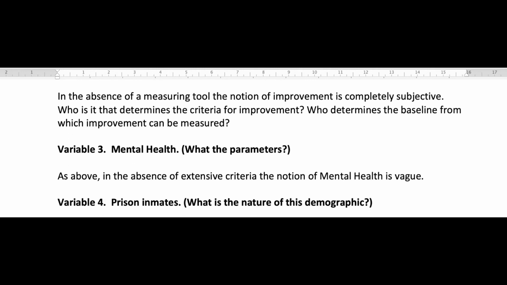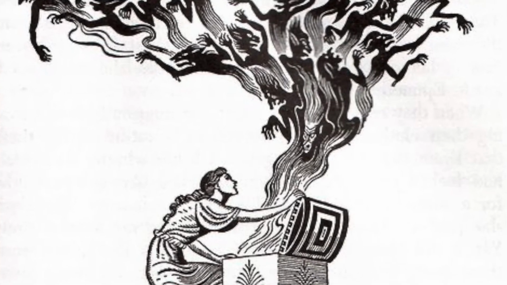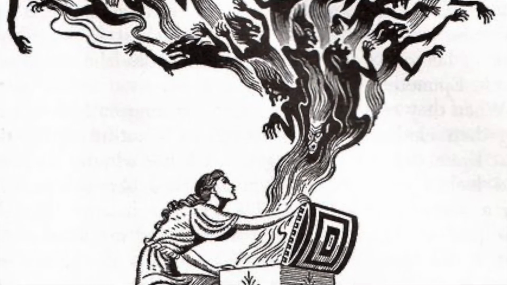Lastly, and perhaps most tellingly, it's, well, who are prison inmates? Now, we could define that as anybody that's currently in prison. But goodness me, wouldn't we be then opening up a Pandora's box of options? Inmates are not a homogeneous group.